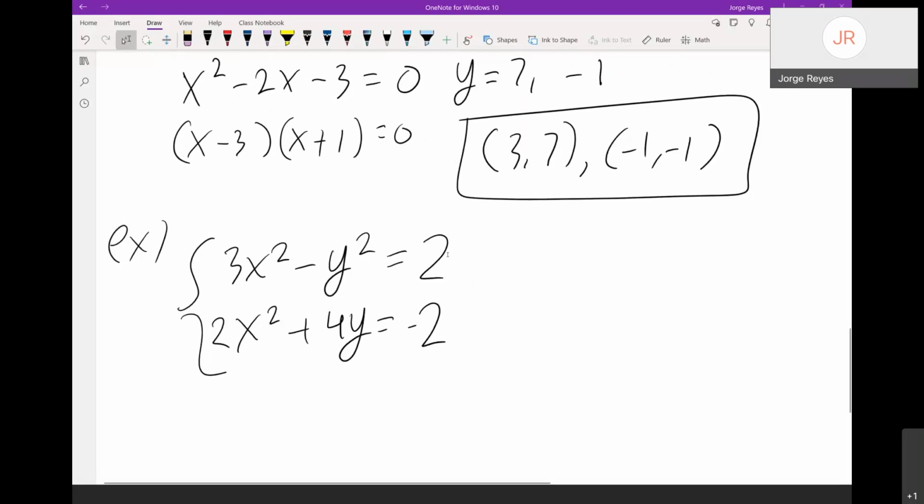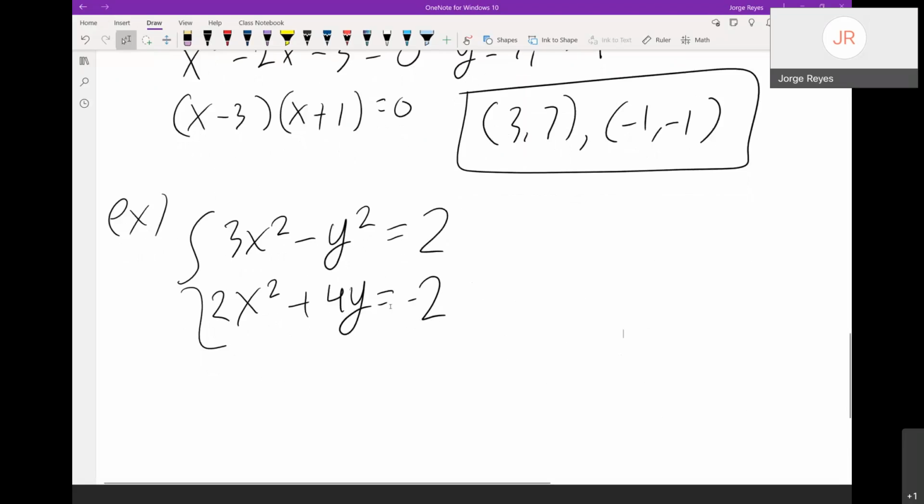All right, so here you might be tempted to do substitution. If you are tempted to use substitution, your only choice really is the y. So you would say y equals negative 1/2 x squared minus 1/2.